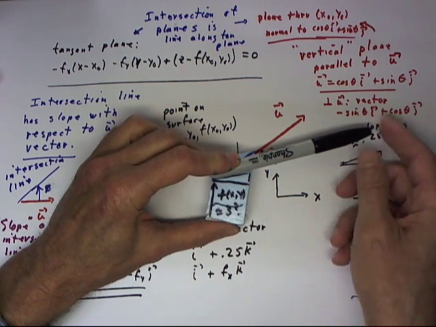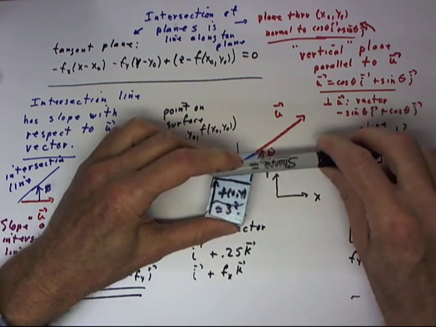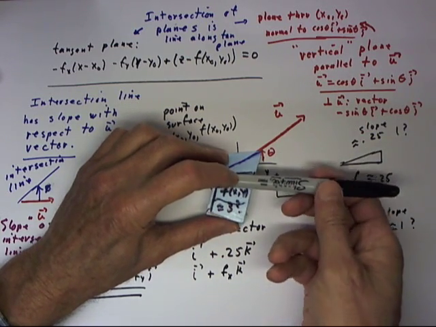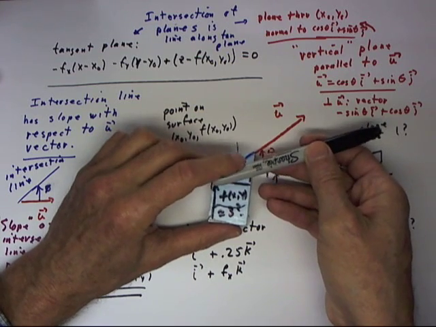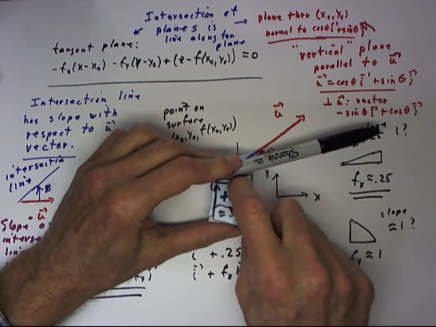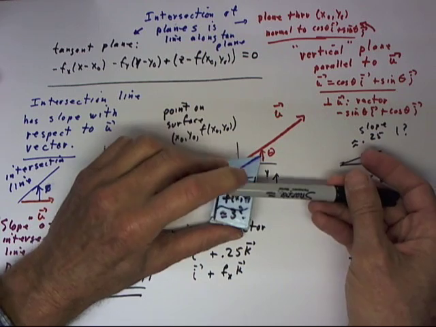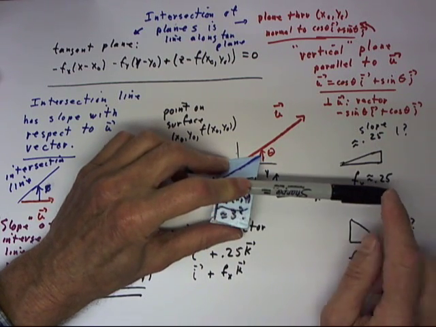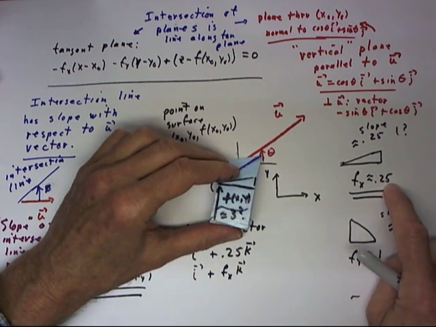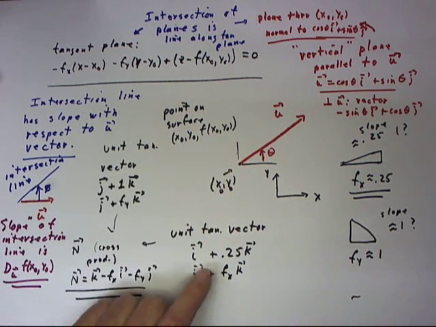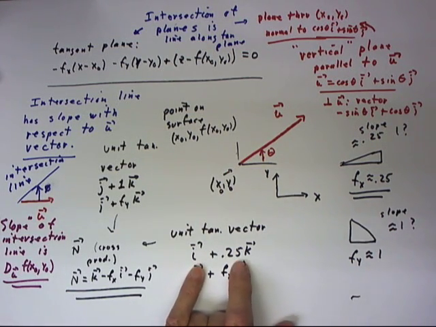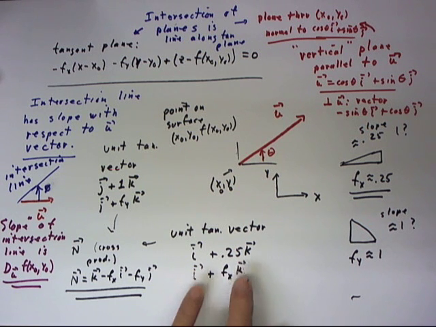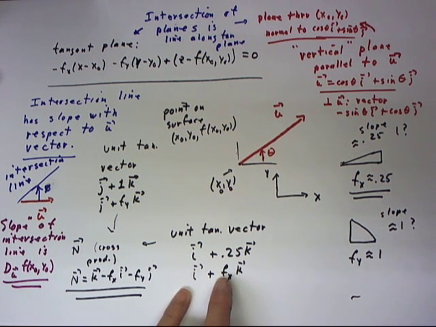If we go a unit vector in this direction, then a vector in the direction of this edge could be that unit vector, which would be the i vector, plus 0.25 times the k vector. So we have i plus 0.25k, and of course that represents i plus the x derivative times k. Understood that the x derivative is evaluated at the point (x0, y0).